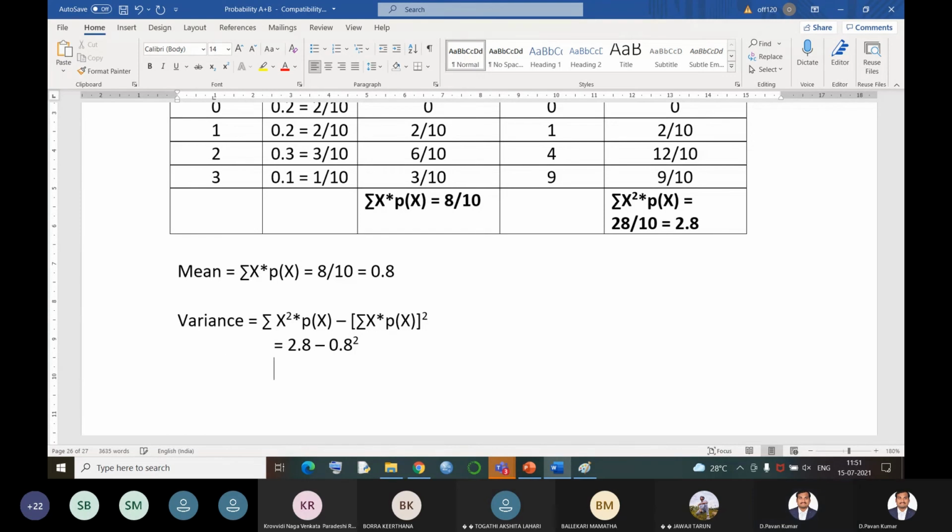That means the value is equal to 2.8 minus 8 8s are 64, so 0.64. Now 2.8 minus 0.64 comes to the value of 2.16. So the mean of the given distribution is 0.8 and the variance of the given probability distribution function is 2.16.